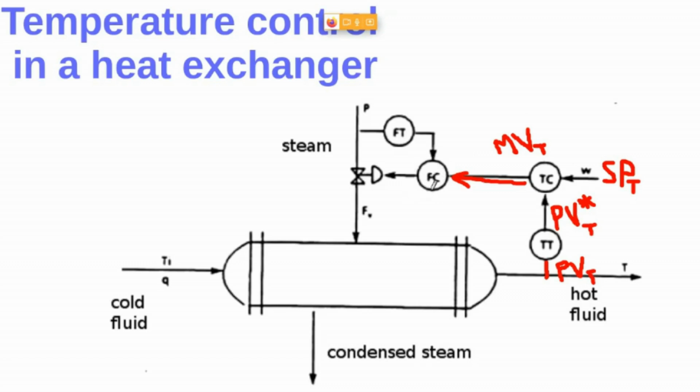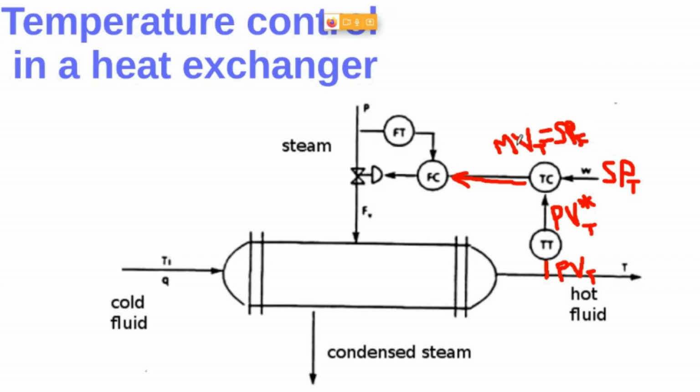As you can see here, we have the main loop, the primary loop, and here we have a secondary loop, right? So the manipulated variable for the temperature is also the same as the set point for the flow controller structure.